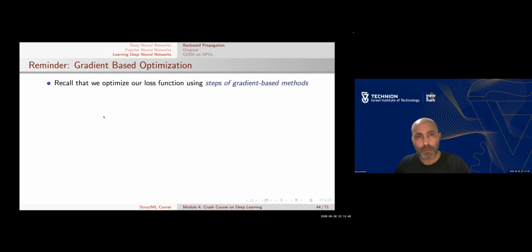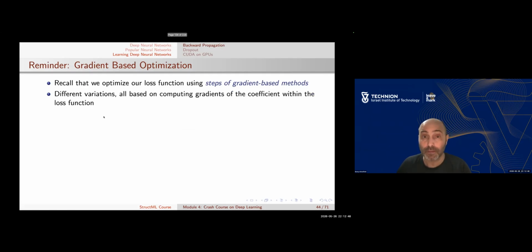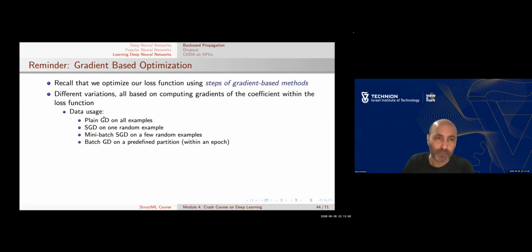You need to remember that the way we optimize our loss function is through steps that are based on the computation of gradients of the coefficients, the weights that we fit when we train the model. There are different ways of doing that. Are we using all of the examples to compute the gradients?